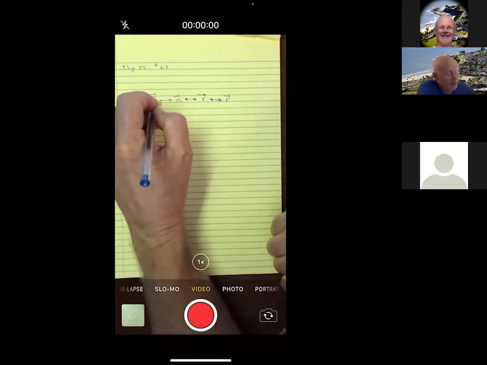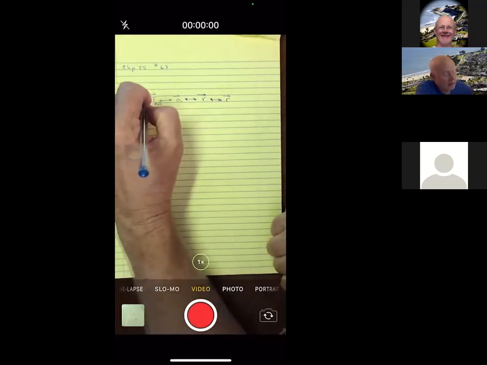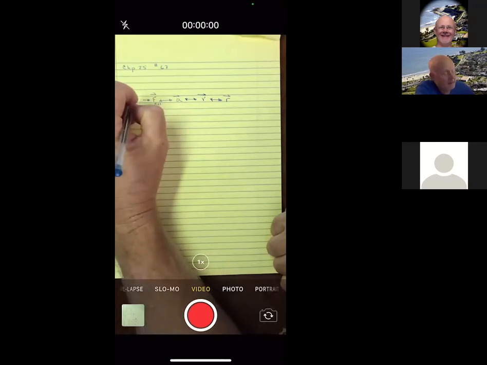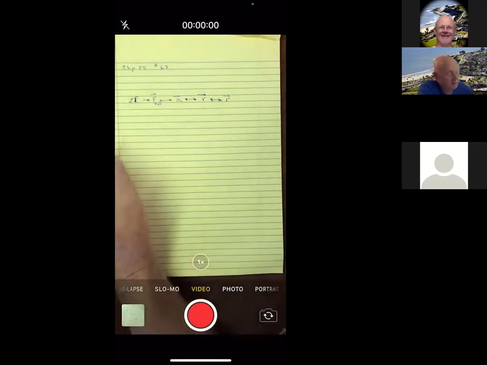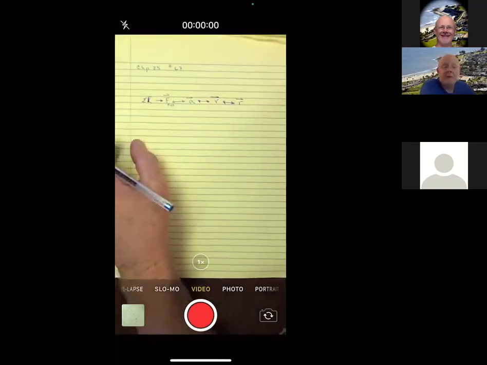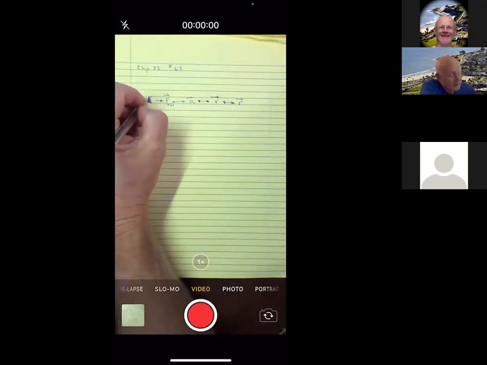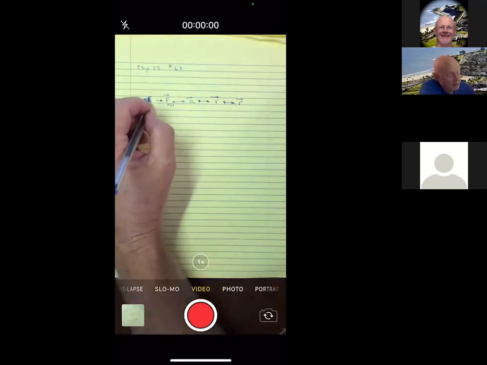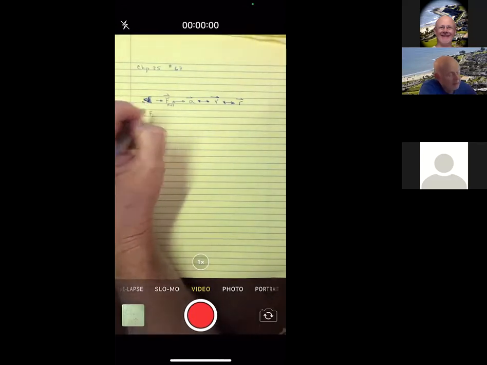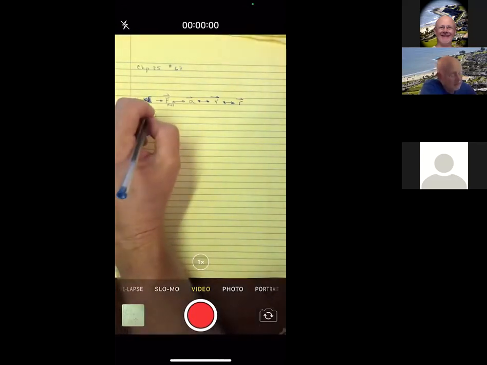And then net force is gotten from the sum of a bunch of individual forces. Terrible picture here. Let me put it down here. Sum of all the individual forces. Okay.